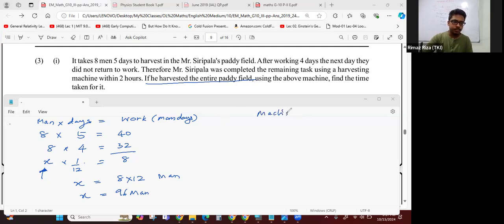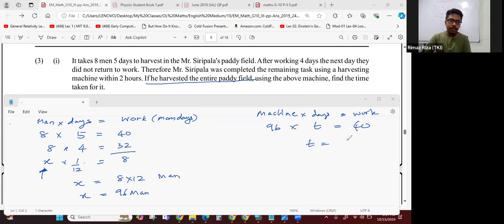So machine into days equals the work. So the machine equals 96 men. So 96 into the time, let's say t, the work is 40, the same work. What is the time it will take to finish the same work?